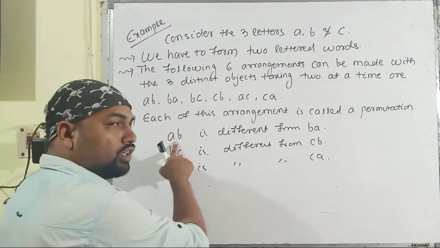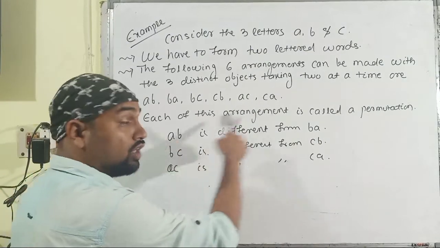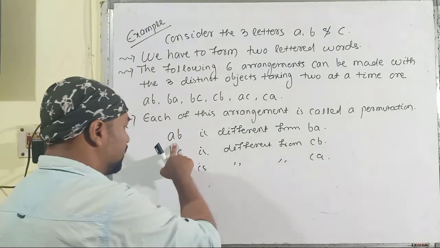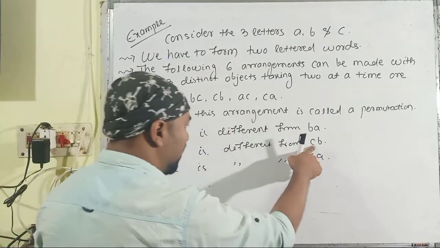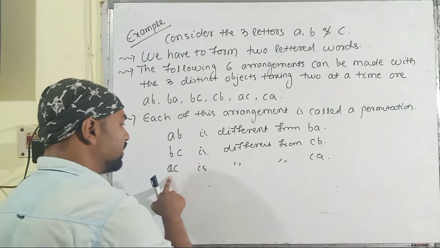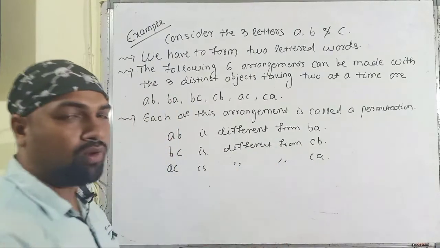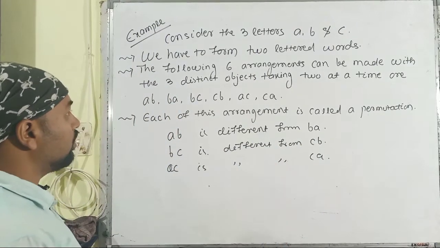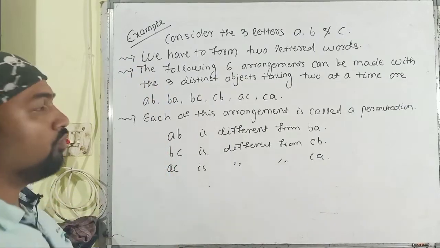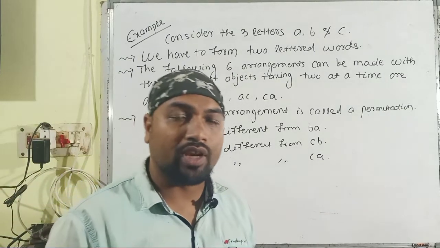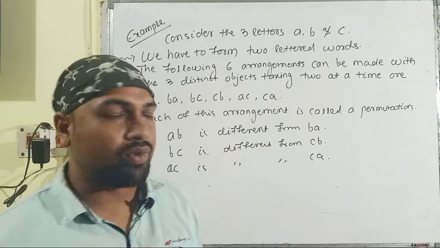The 2-lettered word AB is not equal to BA. Similarly, the word BC is different from CB. The word AC is different from the 2-lettered word CA. So this is a very simple example based upon the order of appearance, to solve a permutation problem.